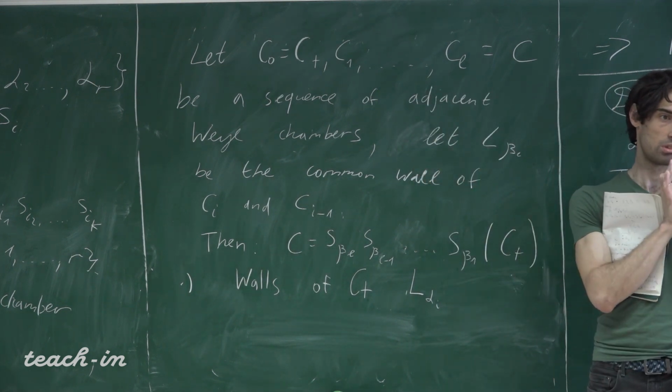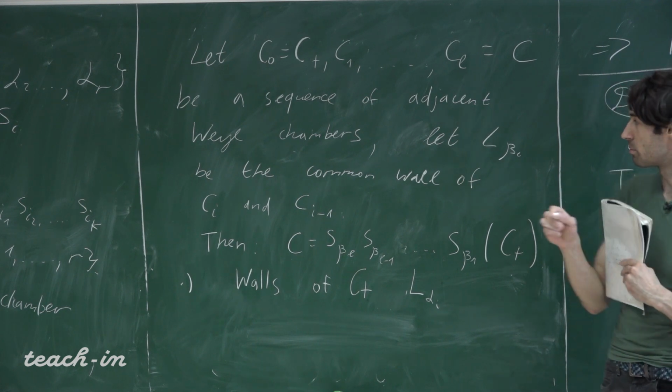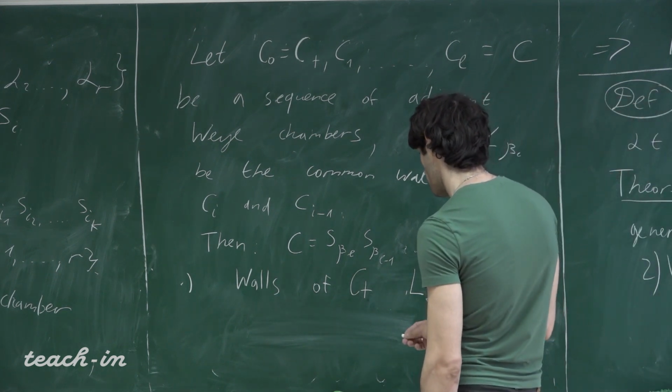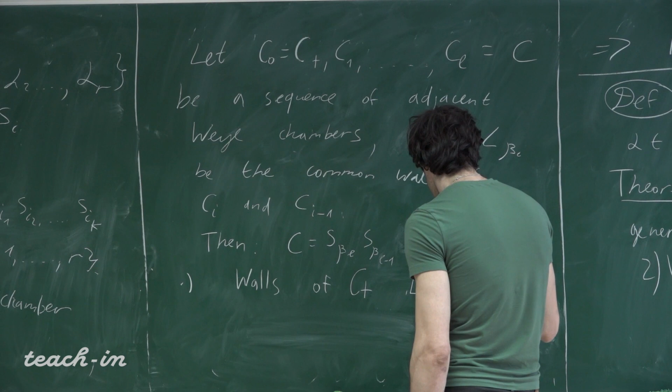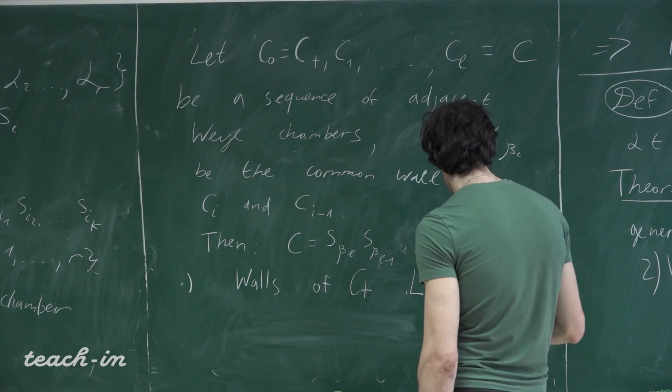Remember, for example, the example with A2, right? The walls were L_{alpha_1} and L_{alpha_2}. But this is the case in general. So the walls are L_{alpha_i} for i from 1 to r.